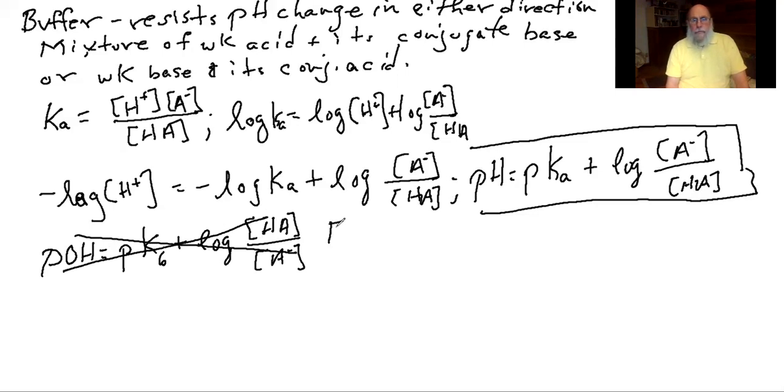For a base, we can set it up the same way because we're going to measure pH with our meter. We're not going to measure pOH. We calculate that pH plus pOH is 14.